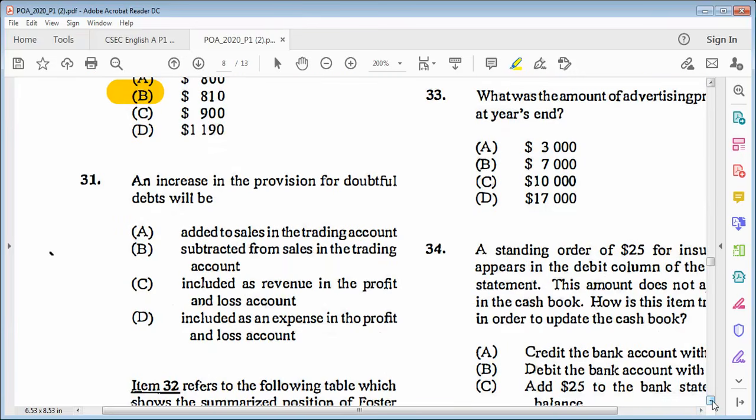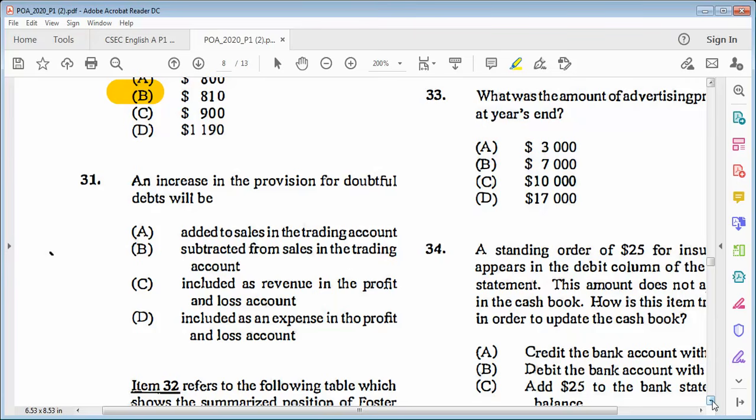It says, an increase in the provision for doubtful debts will be A, added to sales in the trading account, B, subtracted from sales in the trading account, C, included as revenue in the profit and loss account, D, included as an expense in the profit and loss account. So it says an increase in the provision for doubtful debts.